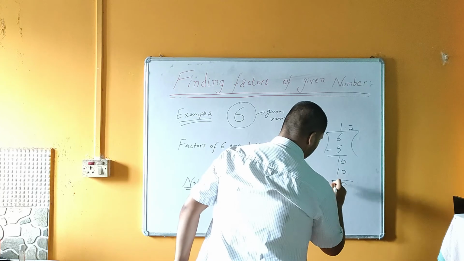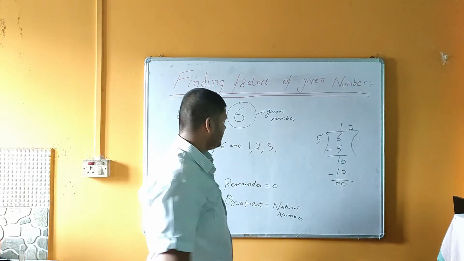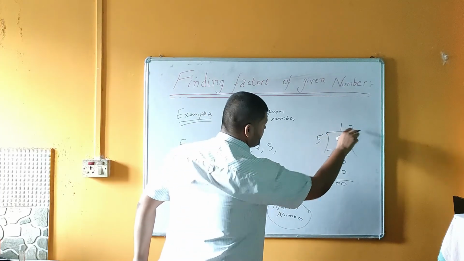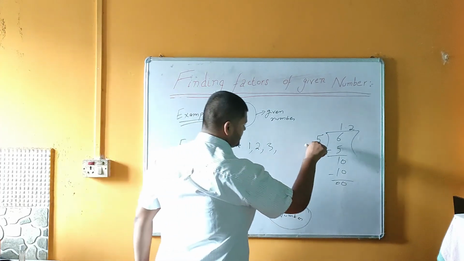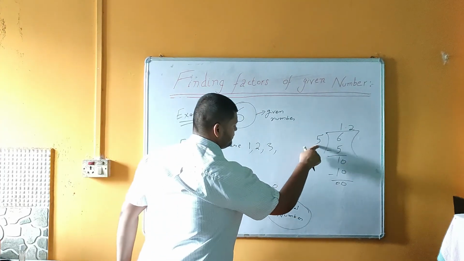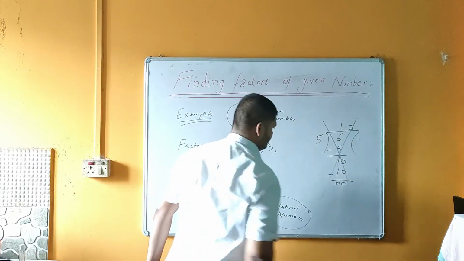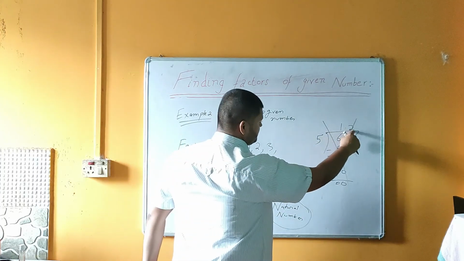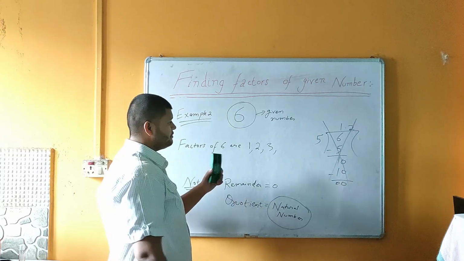Yes, the remainder is coming 0. But the quotient should be a natural number, and here it is not a natural number. It is a decimal value. That's why this is not accepted, 5 will not become a factor of 6. This is also discarded. It should be a natural number and not a decimal value, along with the remainder 0. Okay, this must be clear.